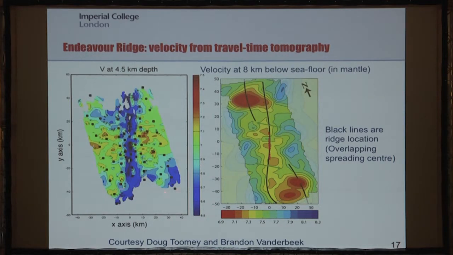Unfortunately, the color scales are quite different. This is a low velocity feature. This is also a low velocity feature. That sits underneath the plate boundary where the plates are being pulled apart. So this is where things are anomalously hot, and possibly also where there is liquid, where there is molten rocks sitting through the middle. So those are travel time anomalies.